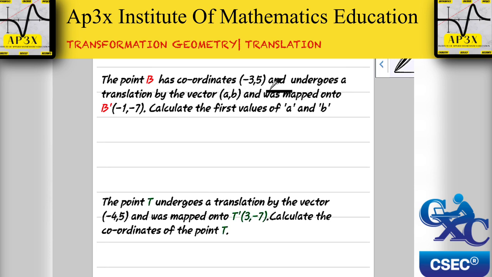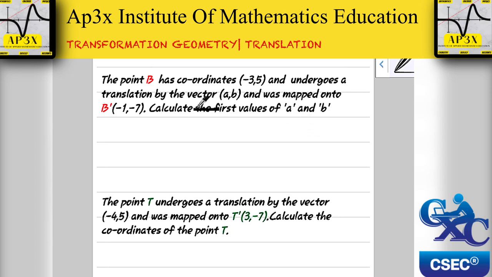But what we do know is that whatever translated (-3, 5) was mapped onto the image, which we now know is (-1, -7). Our task is to calculate the values of A and B. In other words, we want to calculate the ordinate values that make up the coordinates of the translation vector.